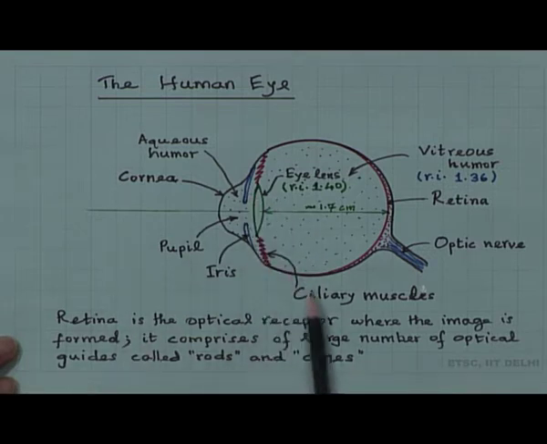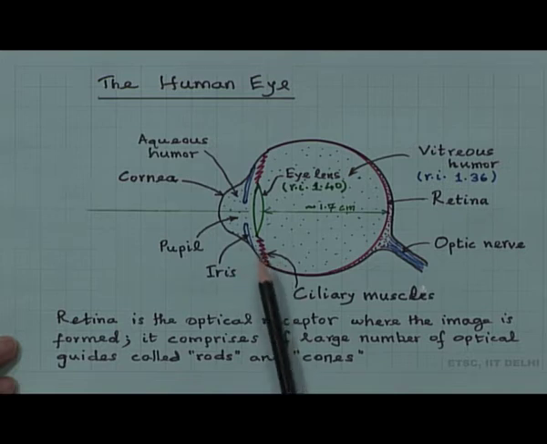An important component here is the ciliary muscles, which are attached to the eye lens. These muscles can get extended or compressed, which will pull the lens and also stretch the lens.